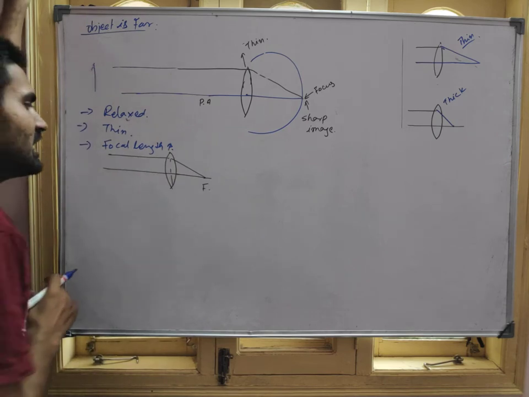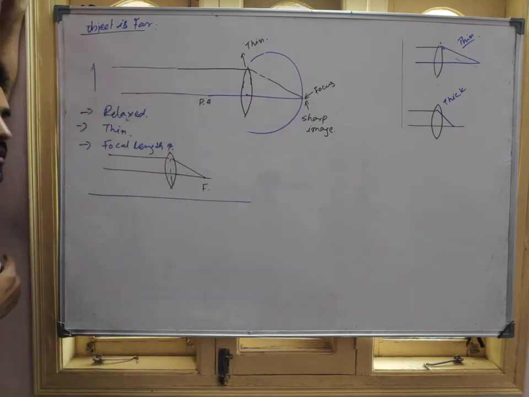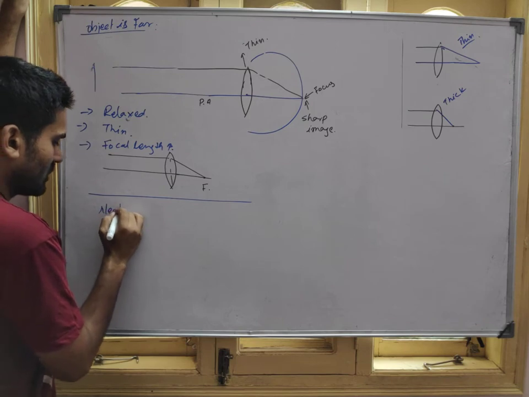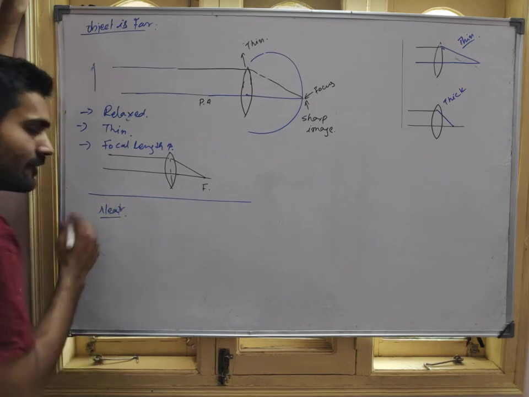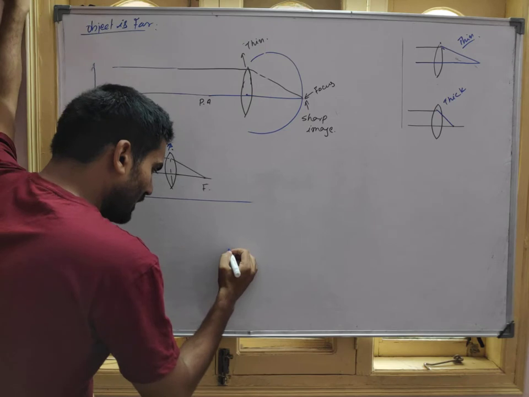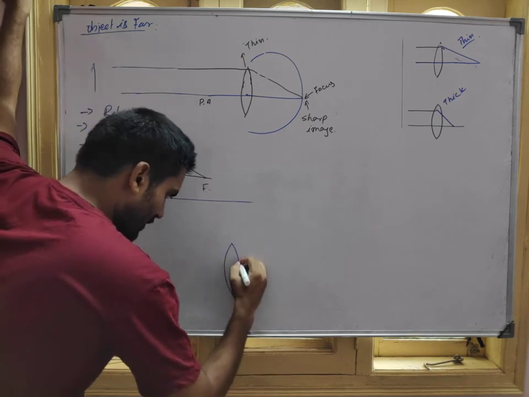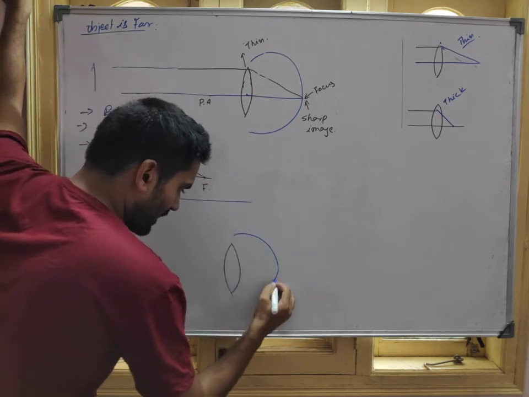Now let's talk about when the object is near, and how the image will form. So let's make a diagram for the lens. This is the eye retina like this.